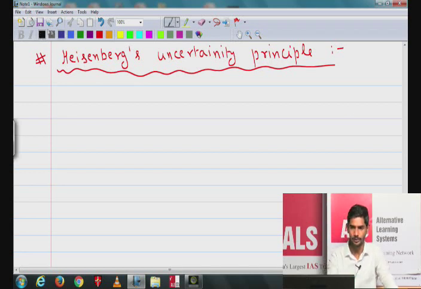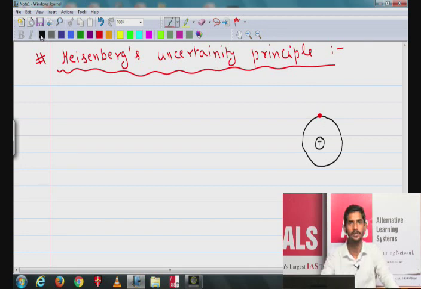So, actually, what happened? He said, let's suppose this is an atom, and this is the path. We can say this is the orbit. Now, there is an electron which is moving here. Obviously, we know that to see objects, we need light. Light makes them visible to us. So, for example, there is a microscope at this position.